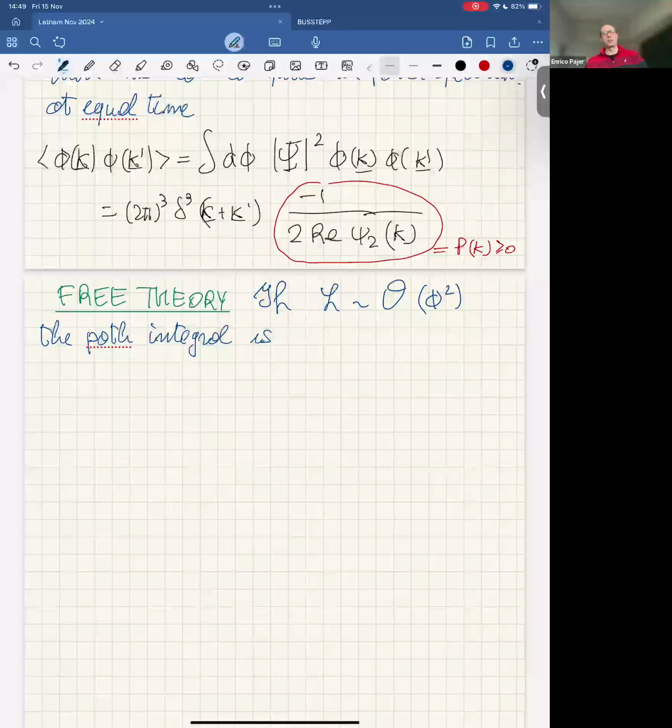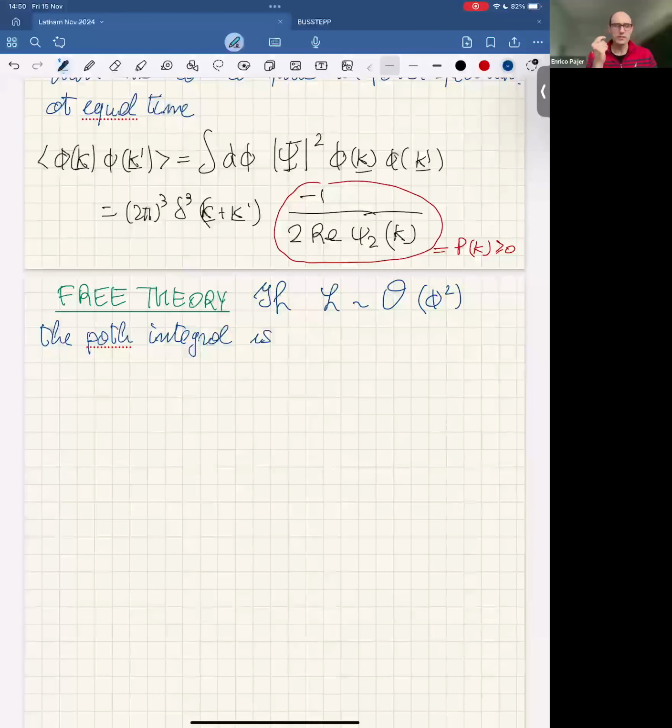In particular, you might know this, or maybe not, that the path integral of a Gaussian distribution is exactly proportional to the stationary phase approximation.